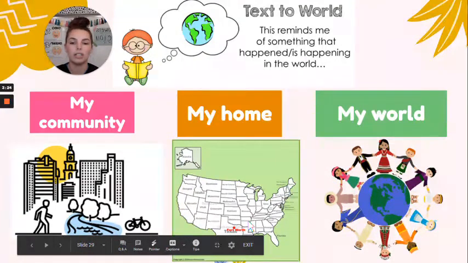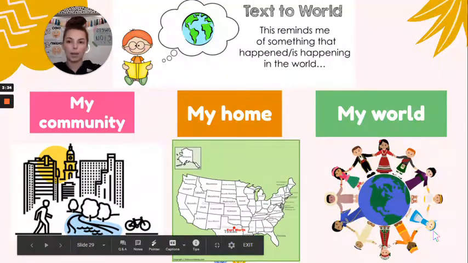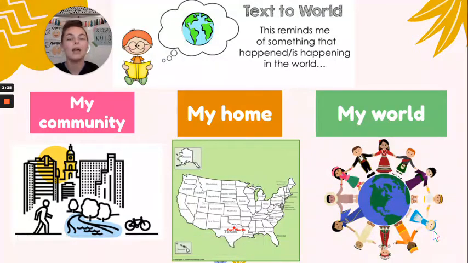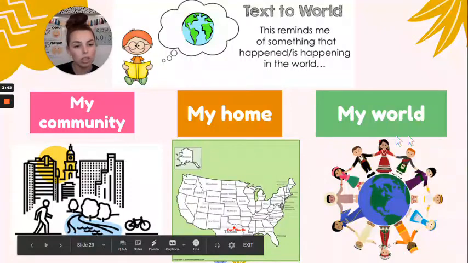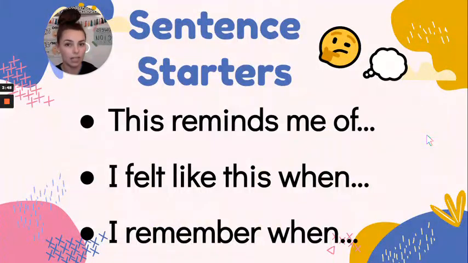And we also live in the country of the United States. So those aren't as close to us, but we still know about them. It's still part of our world. And then to go even bigger, the world includes people that you've never even met. People on other sides of the world. There's lots of different cultures and different places and countries. And maybe you've never been there, but you've seen some movies or read books about other places in the world.